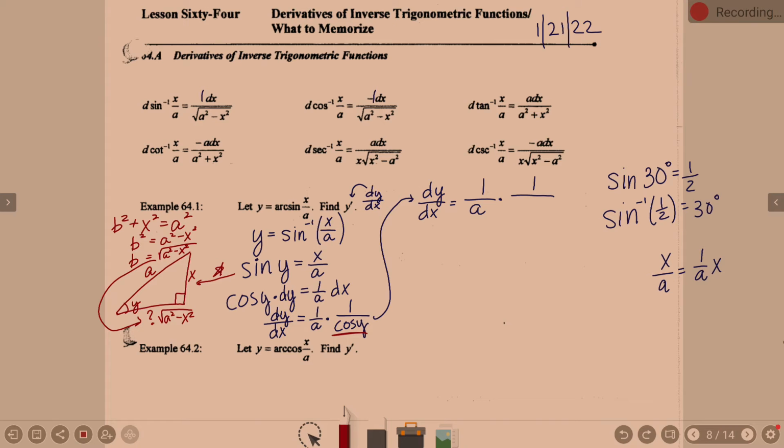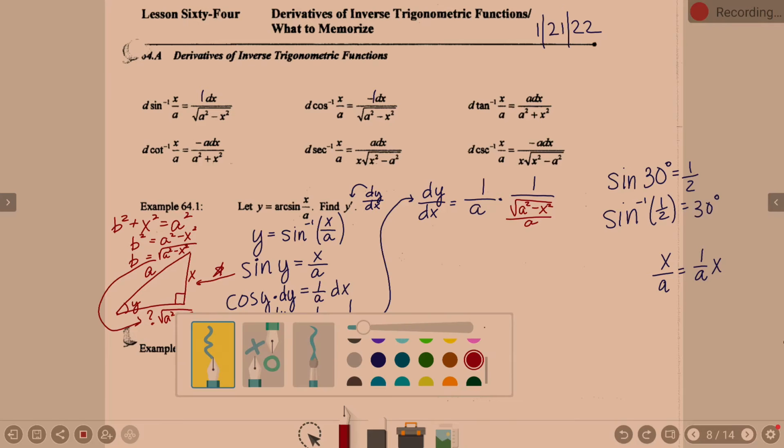What is the cosine of y in regards to my triangle over there? Square root of a squared minus x squared over a. Right? Based on the work I already did over here with Pythagorean theorem, cosine is adjacent over hypotenuse. So square root of a squared minus x squared over a.